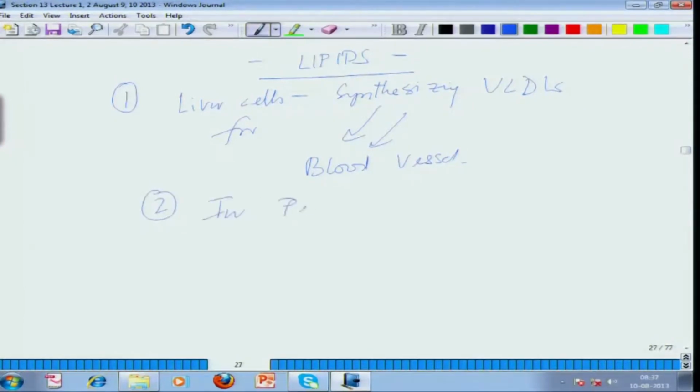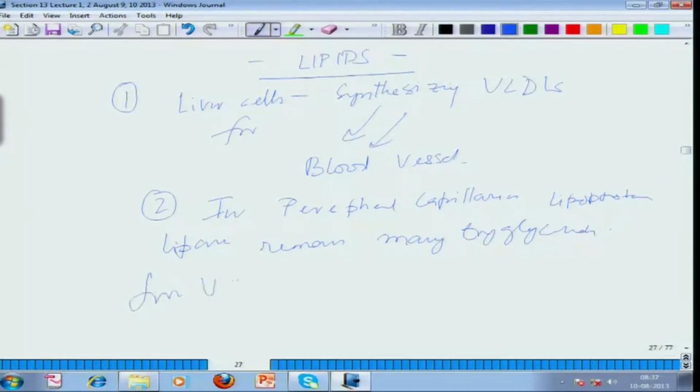In peripheral capillaries, lipoprotein lipase removes many triglycerides from the very low density lipoproteins, leaving the intermediate density lipoproteins.